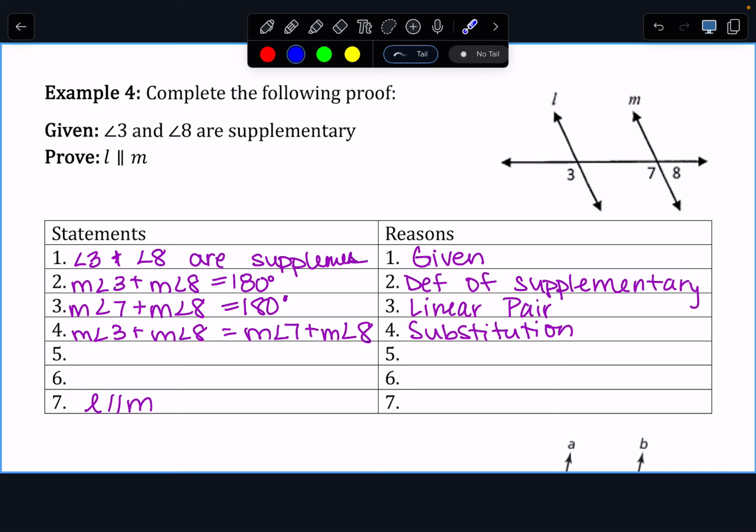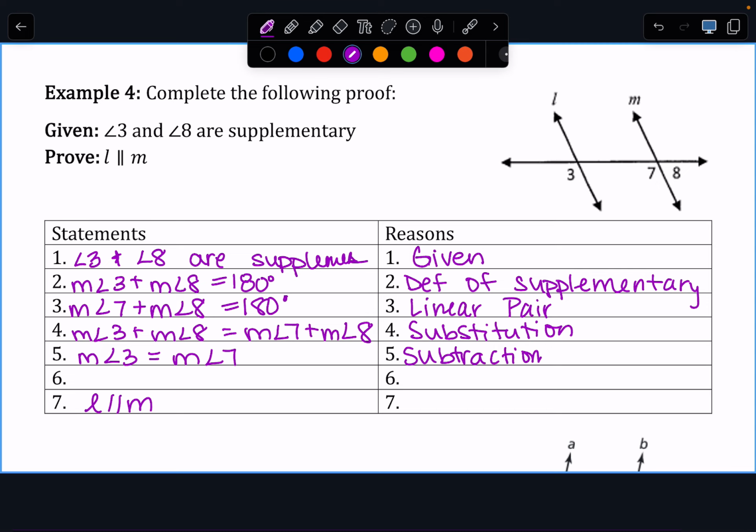Okay. But now, Logan, what can we do to both sides? Take away 8. So we can use what we know as the subtraction property. Since there's a measure of angle 8 on both sides, we can subtract it from both sides. Now what can we do?